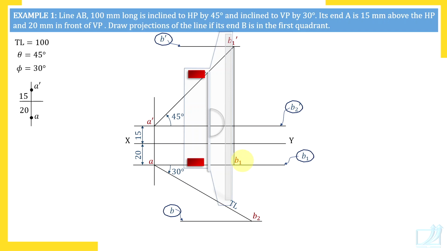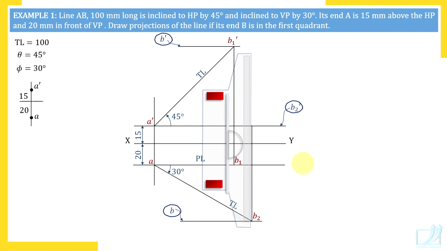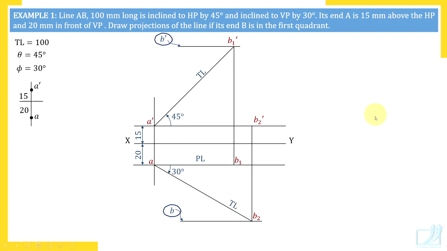Now the correct position of B1 is known, so remove this rough label. Similarly, draw a vertical line through B2, and here you will get B2 dash, because we already know the horizontal line on which B2 dash is. So draw this vertical line up to this horizontal line to locate B2 dash. Once you get B2 dash, erase that rough label.